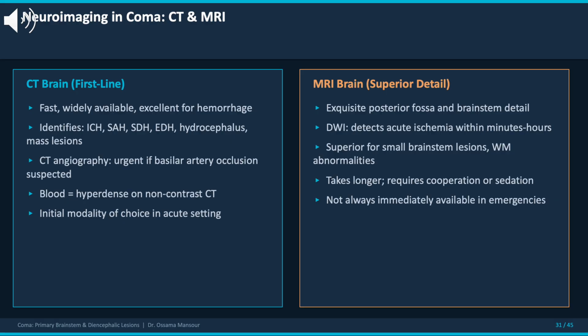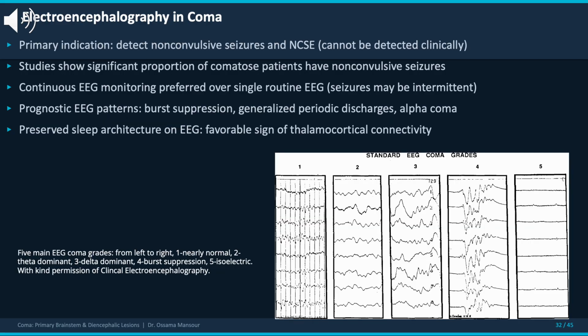MRI is also superior for identifying subtle brainstem lesions, white matter abnormalities, and metabolic encephalopathies. However, MRI takes longer to obtain, requires patient cooperation or sedation, and is not always immediately available, making CT the initial imaging modality of choice in the acute setting.